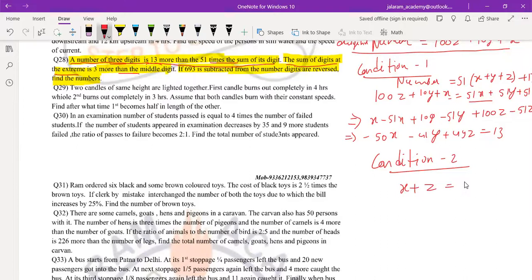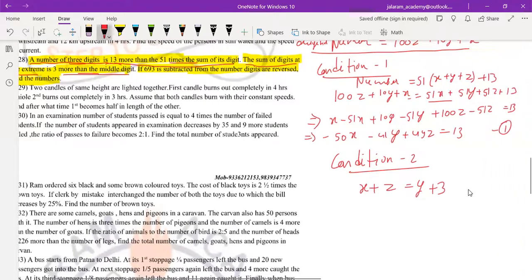The middle digit is y plus 3. 3 more, not 3 times. So the sum of the digits at the extreme is 3 more than the middle digit, and this is equation number 2.